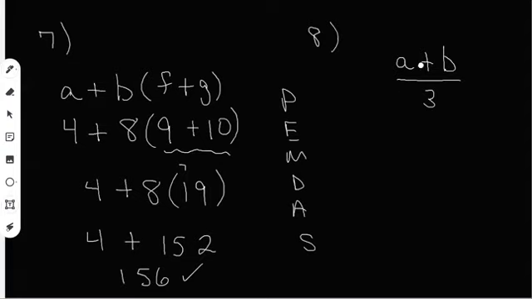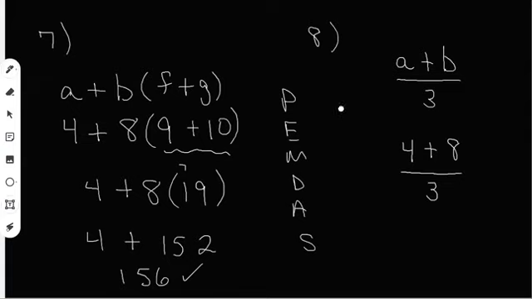Number 8, I have A plus B on top. I'm going to replace A with a 4, and I'm going to replace B with an 8, all the while keeping the 3 at the bottom. So what happens here? Well, since we're dividing by 3, we kind of want to do that first.